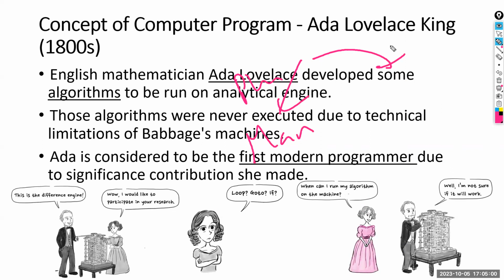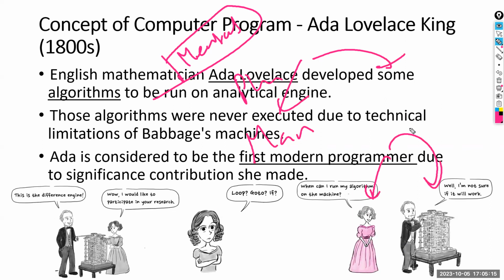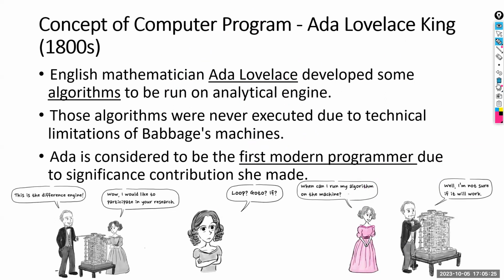But when it comes to mental capacity, you can't say one is better than the other. So Ada was writing the programs and Babbage was developing the hardware. She is another important person in history: Ada Lovelace-King, the programmer who wrote some algorithms to be run on the analytical and difference engines.